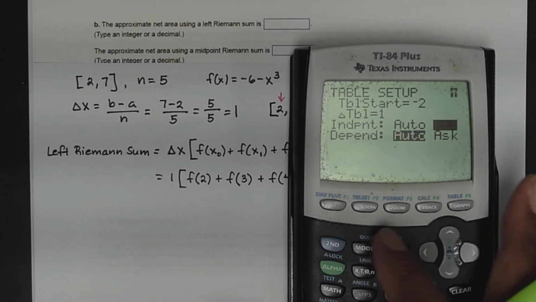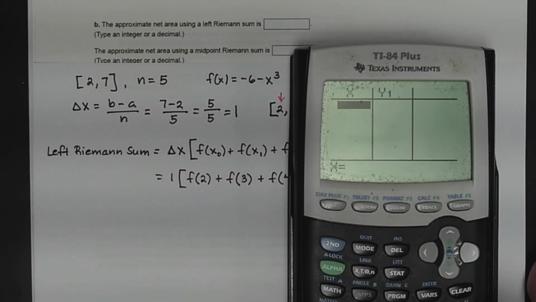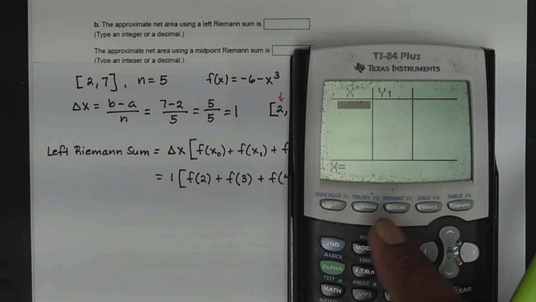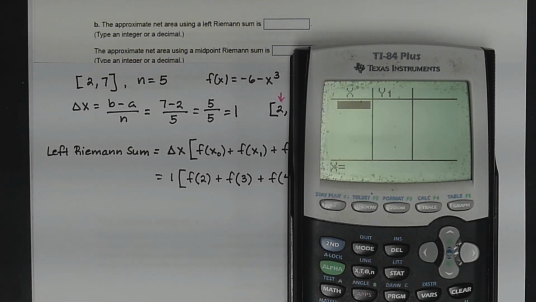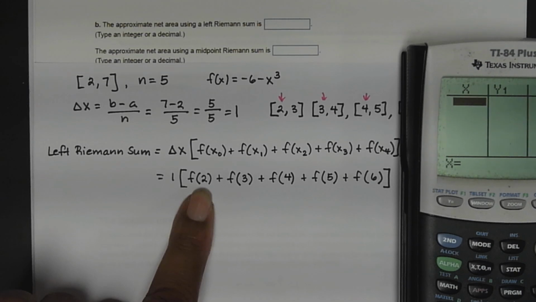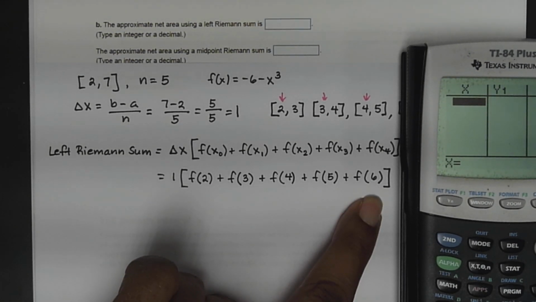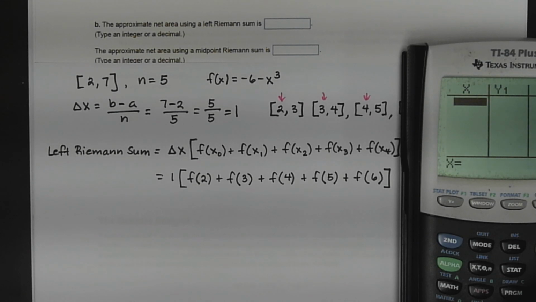All right, then I'm going to go to second table. If you have anything in this table, press your delete key to clear that whole thing. Now, under the x column, that's where I'll put in these values for x, and that will give me my f of x values.